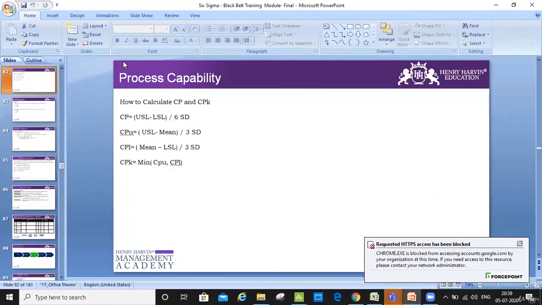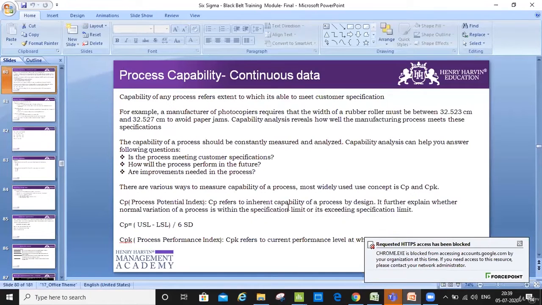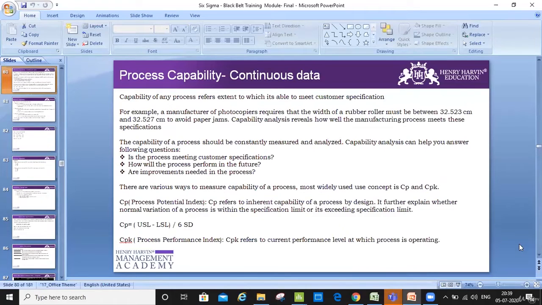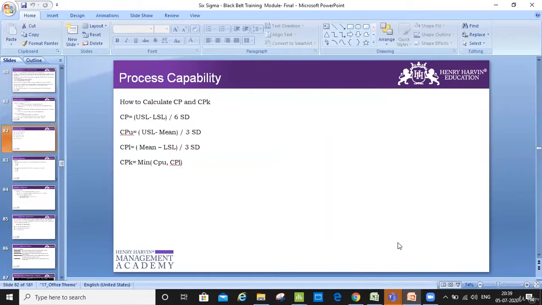Now let's talk about CPK. CPK refers to the current performance level at which the process is operating. So we have to calculate CPK also. The formula for CPK is the minimum of CPU and CPL.